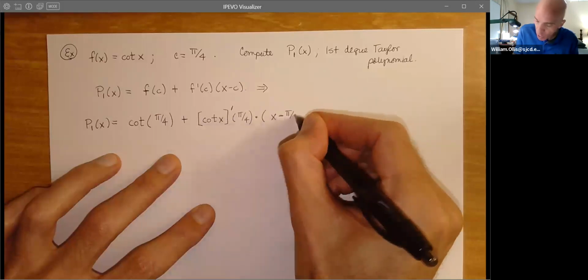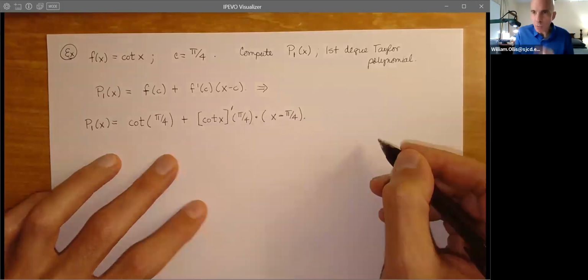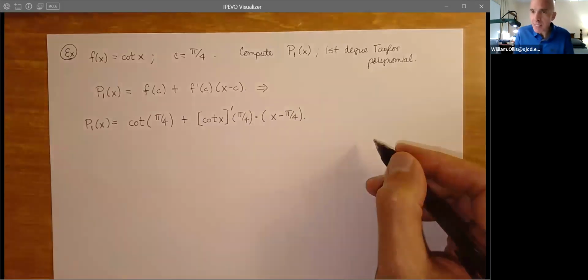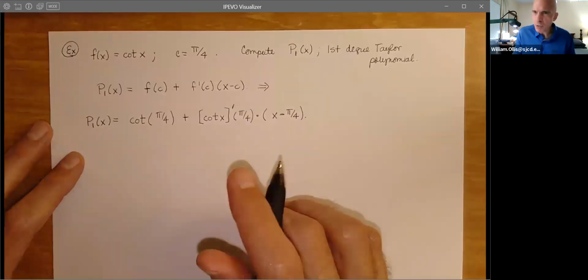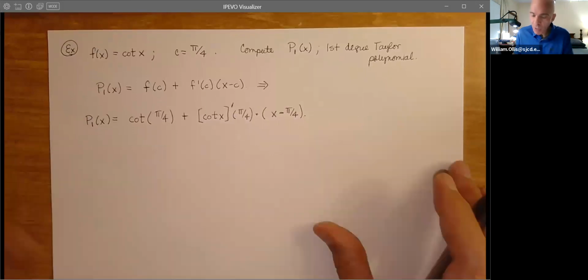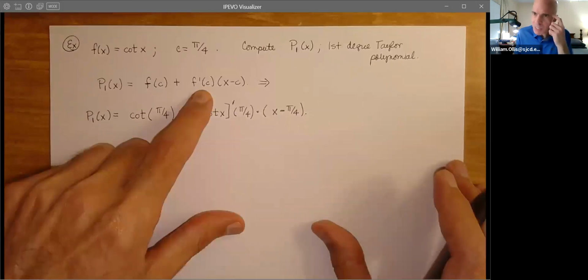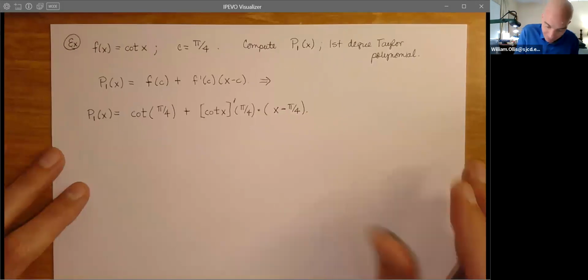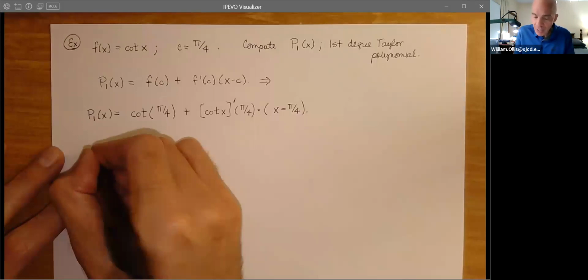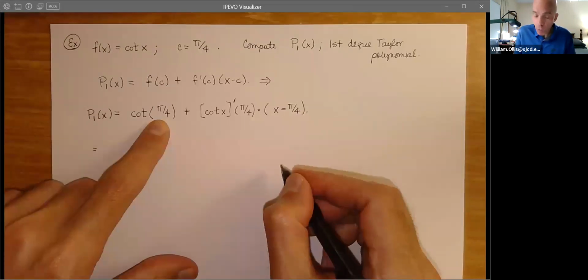Now, since this is low degree, we can just go ahead and write this out linearly. If we had second degree, third, or whatever, yeah, we might do a little table and fill everything in because that'd be a little bit arduous. Now, remember, we have like a 1 factorial here, but we just leave it out since it's not going to change anything. So now, again, cotangent of pi over 4 is 1.